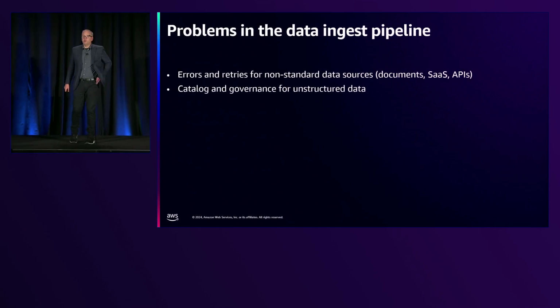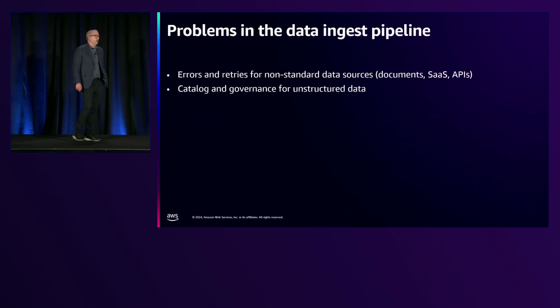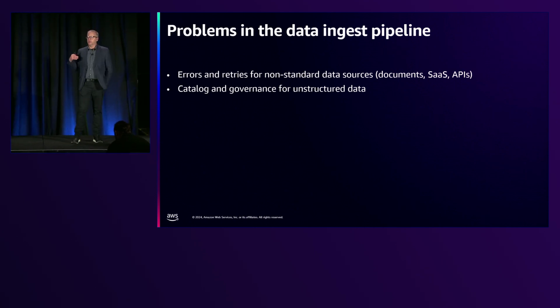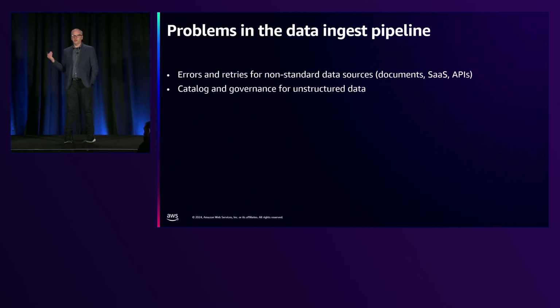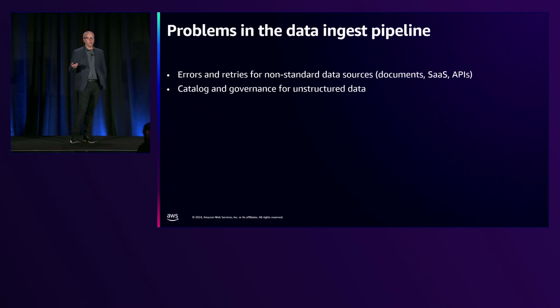Then on the data ingest pipeline, again, keep in mind that you're doing things like pulling PDF documents out of file systems or maybe pulling CRM information out of an API. And so the error handling and retry logic may have to be a little bit more robust than your typical pipeline that's just pulling records out of a Kafka bus.